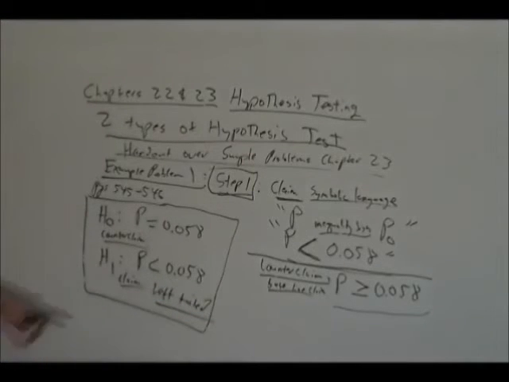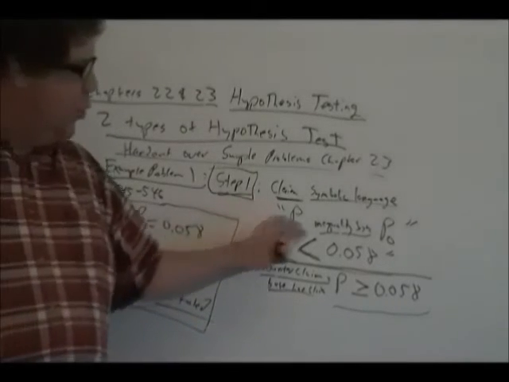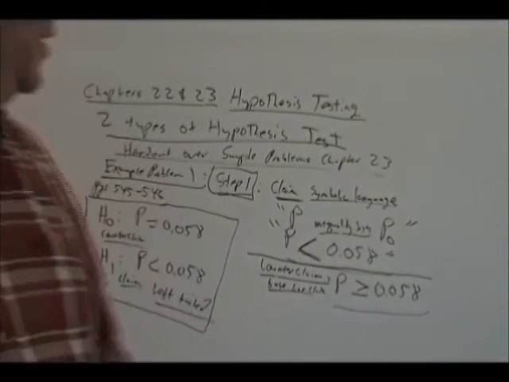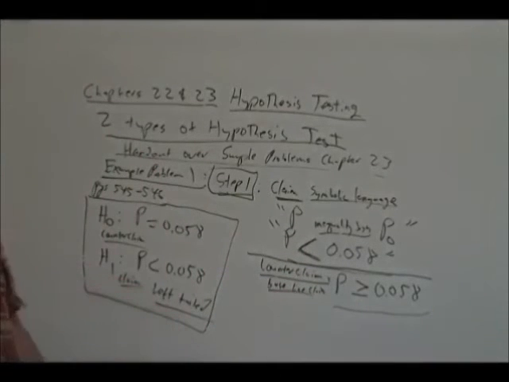If the inequality sign from H1 had been a greater than symbol, then we would have a right-tailed test, and that's illustrated in step 1 of the flowchart. We have a less than symbol, so we're left-tailed for this test. That completes step 1. I'm going to erase this now so we can go to step 2.